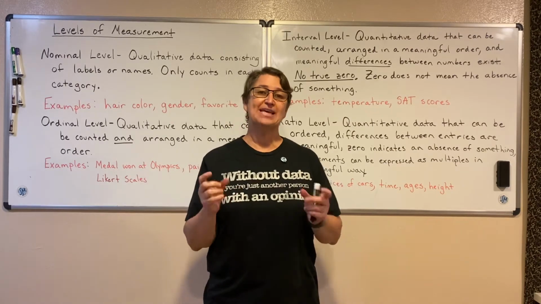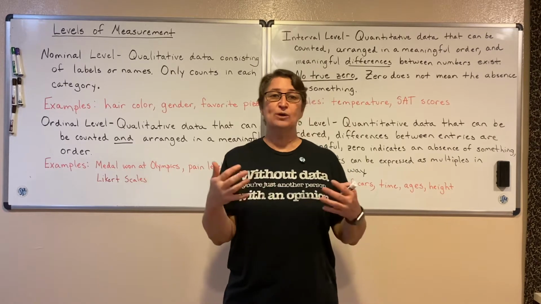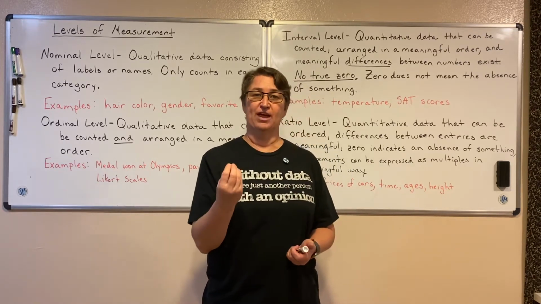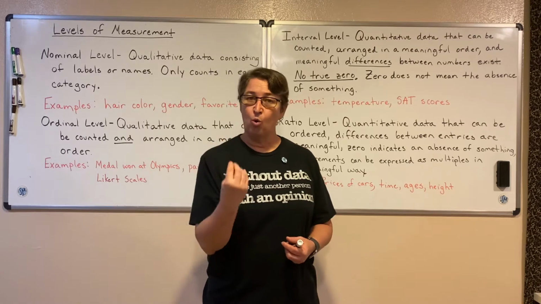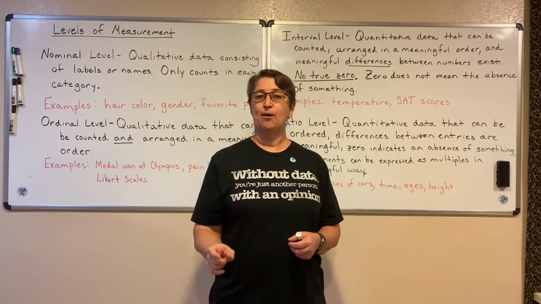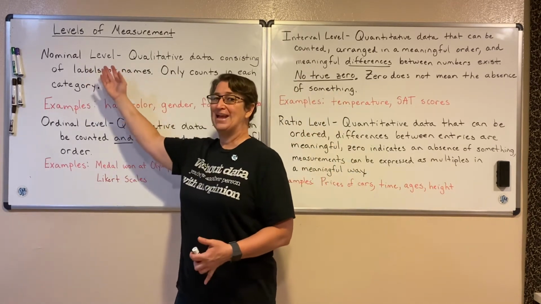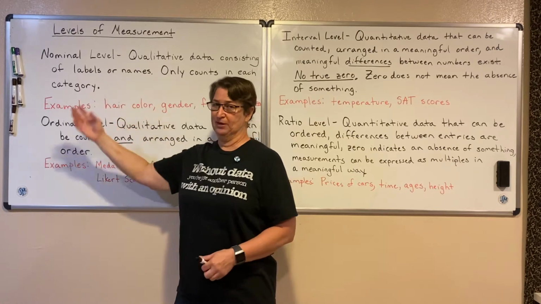I'm just simply counting how many are in each category. I can't do anything else with that data that I've collected. So that qualitative data, where all I can do is simply count how many are in each category, is at this nominal, or the most basic, level of measurement.